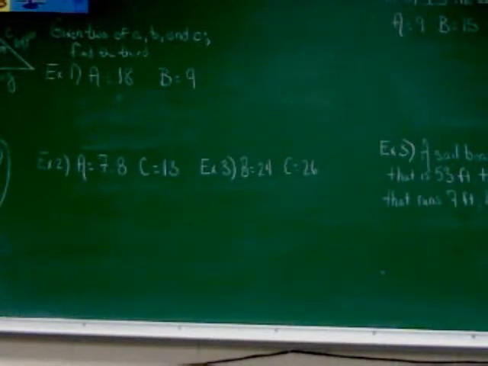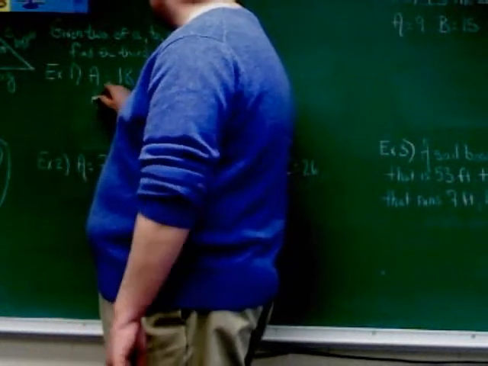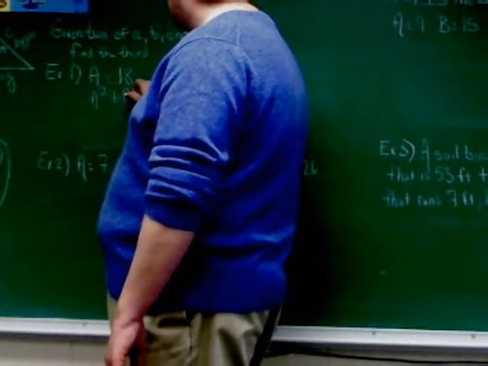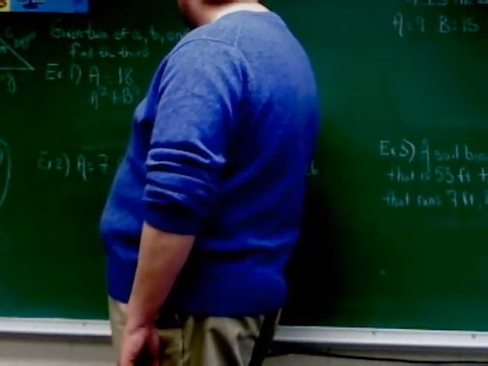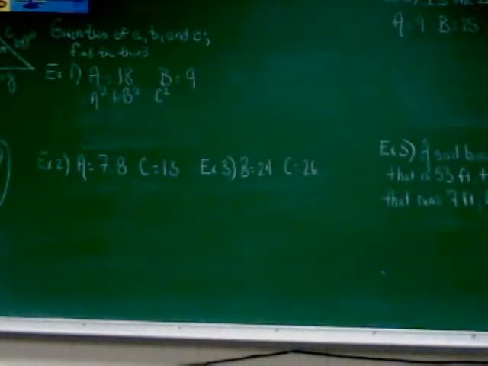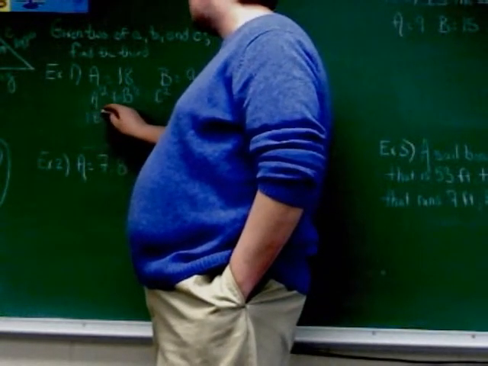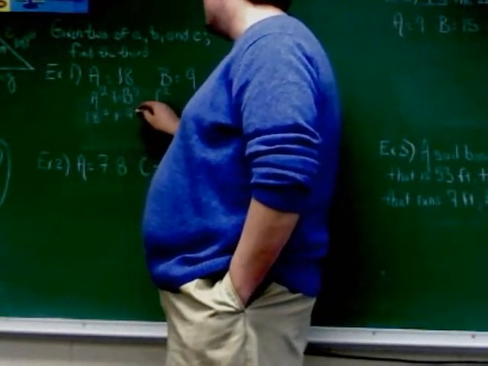Again, the formula is a squared plus b squared equals c squared. In this problem, I have a and b. So a is going to change into 18, b is going to change into 9.